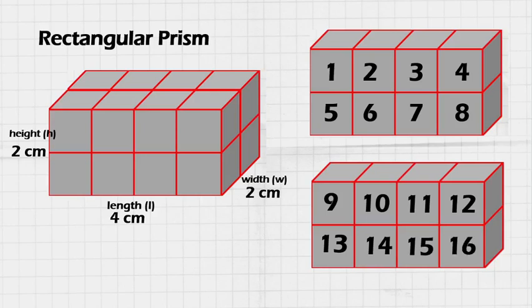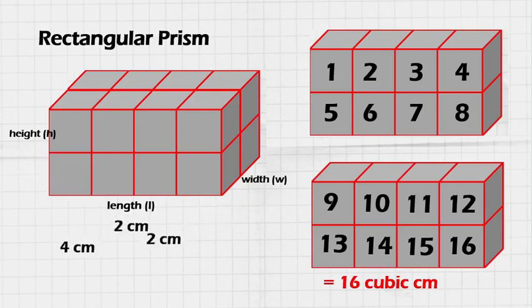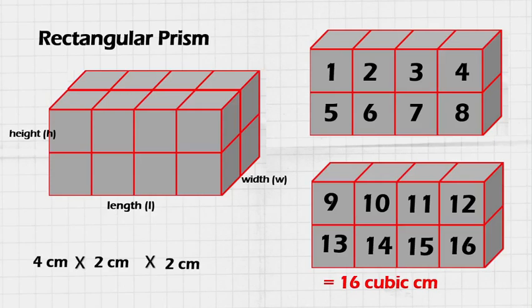Now we have 16 cubic units or 16 cubic centimeters, and this will be the volume of the prism. Now we can observe that if we multiply 4 centimeters times 2 centimeters times 2 centimeters, we will get the volume of 16 cubic centimeters.